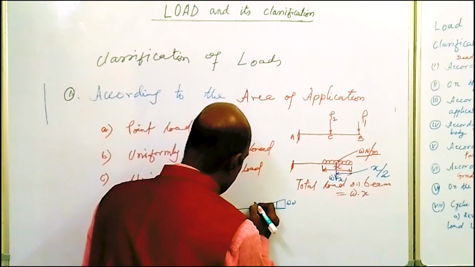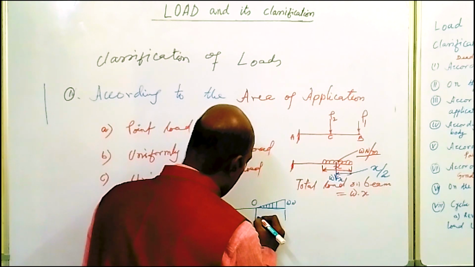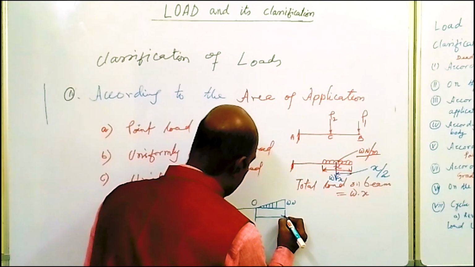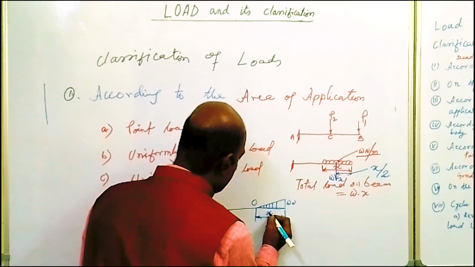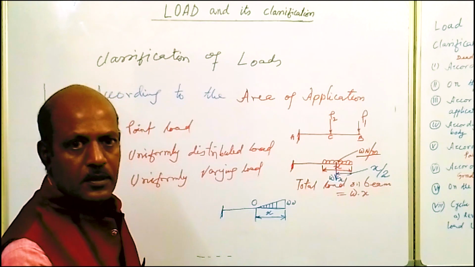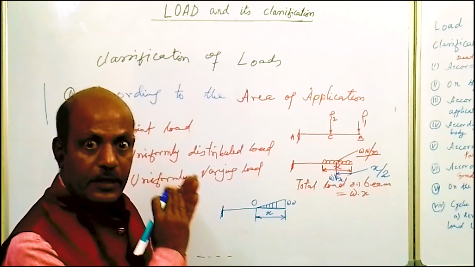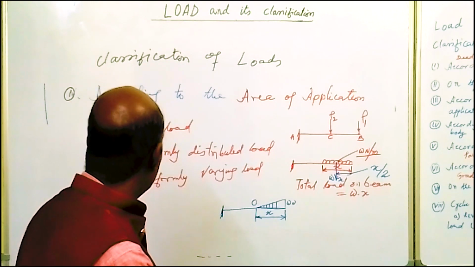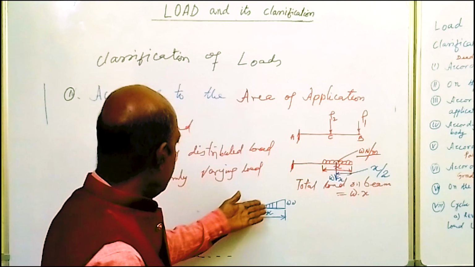At this point the load value is 0, and the length for which the load is distributed is, for example, x length. So the magnitude of the load varies at every point. This kind of load is called uniformly varying load.